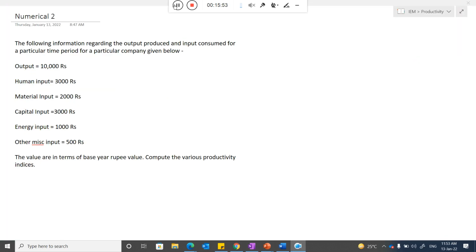This is numerical 2. The following information regarding the output and the input consumed for a particular time period for a particular company is given.